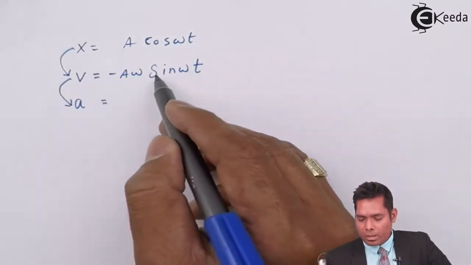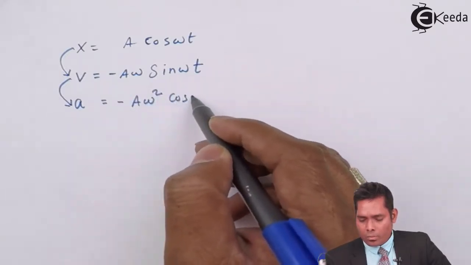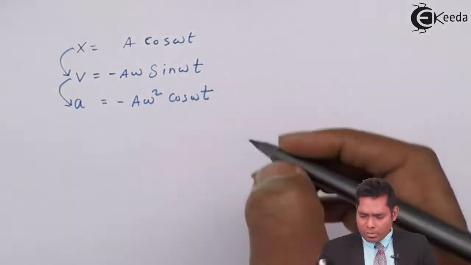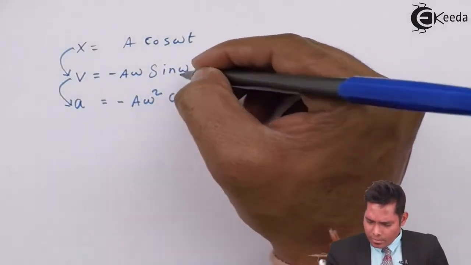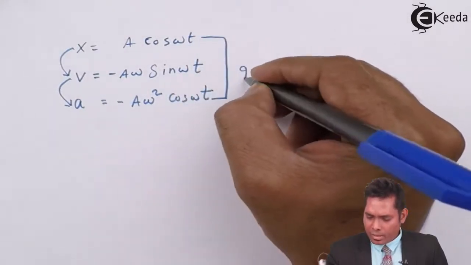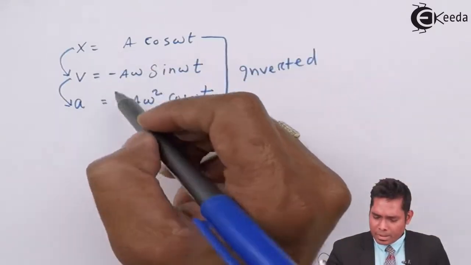This acceleration will be minus a omega square cos omega t. The basic difference between these two curves is that this curve is inverted, because this is plus and this is minus.